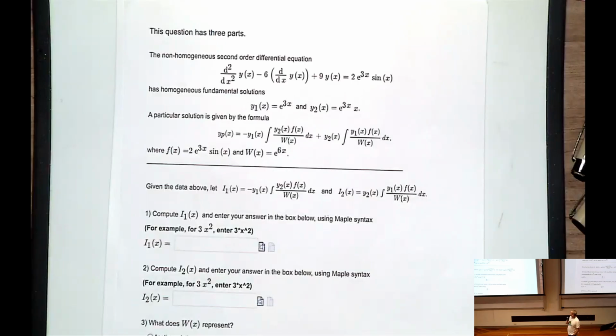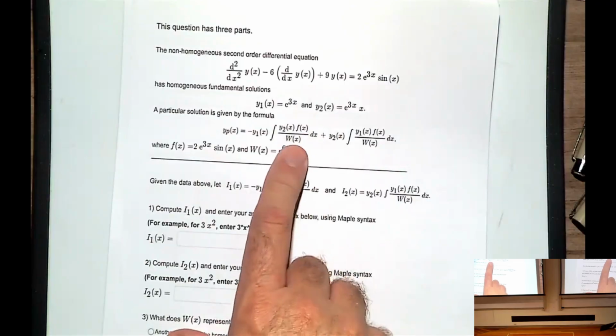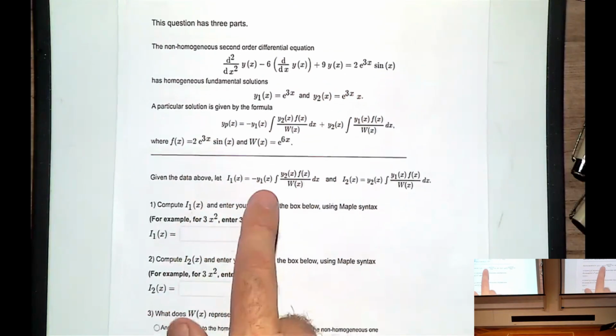What are they asking you to do? You've got a DE, and they told you the two solutions to the homogeneous case, y1, y2, and then you're given this formula. And you're told about the Wronskian, which is the determinant, the bottom bit, and the right-hand side, and you've got to come up with these things.